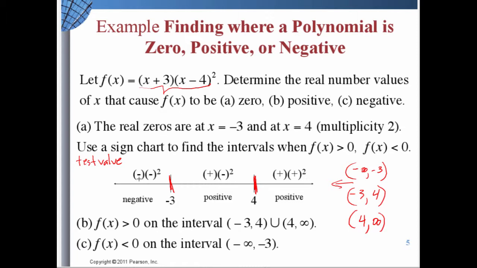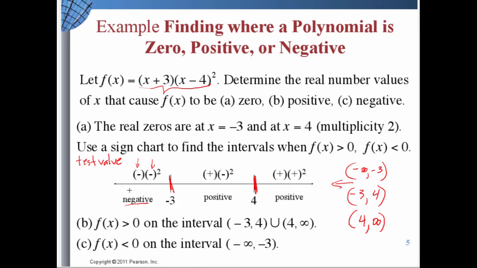Well, negative 4 plus 3 is negative 1, so that's what this negative represents. Negative 4 minus 4 is negative 8, that's what this negative in here represents. But when we square that negative, that becomes a positive. That positive value times the negative is overall negative. So that's what this negative represents here.